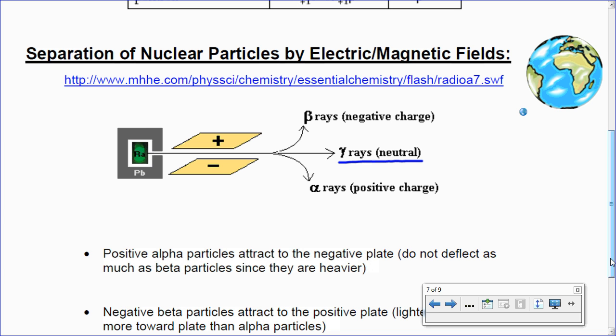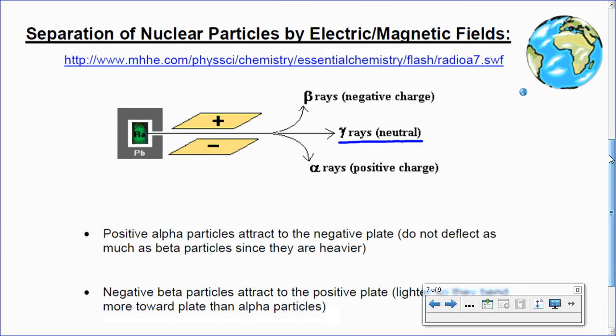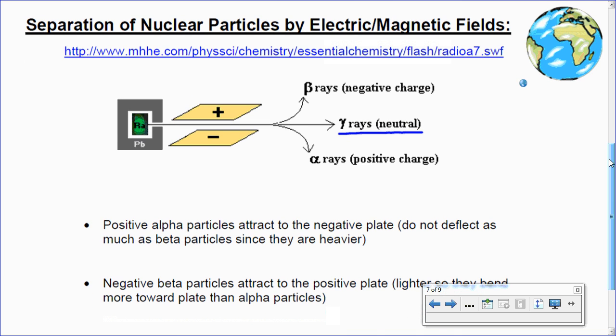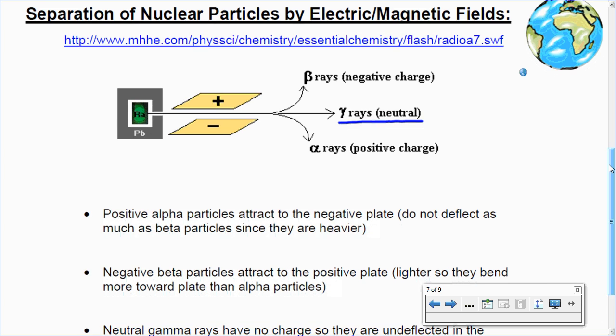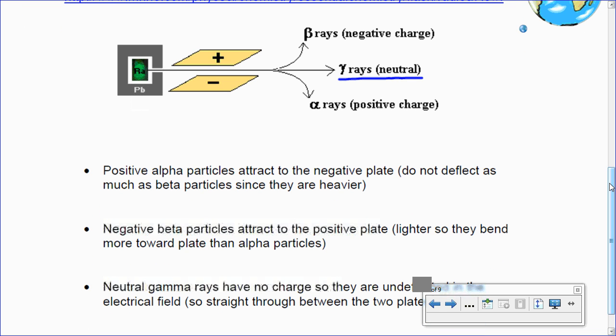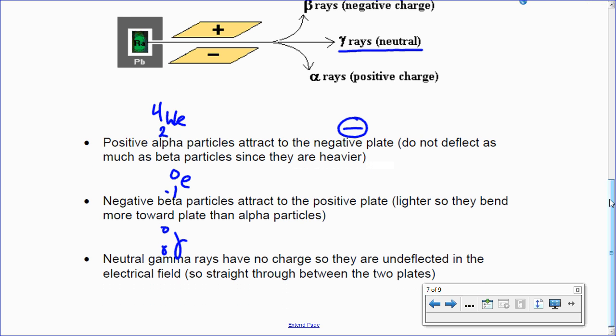So this little experiment proved that these particles being emitted by the radiation sources had a charge and a mass. Positive alpha particles attract to the negative plate, right there. Positive alpha particles, that's 4He2. Negative beta particles, 0e-1, go to the positive plate. Gamma rays, 0 0 gamma, have no charge, no mass, so they are not deflected at all.